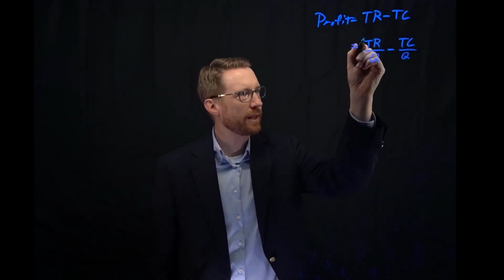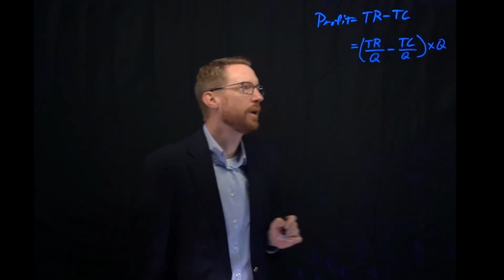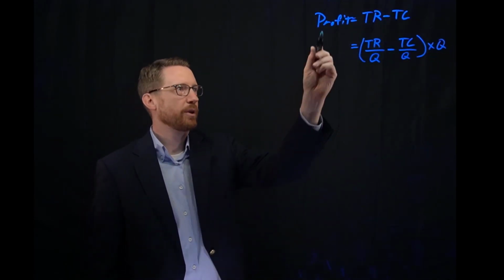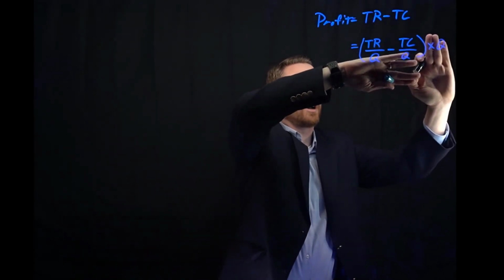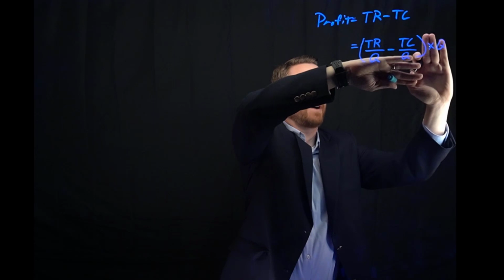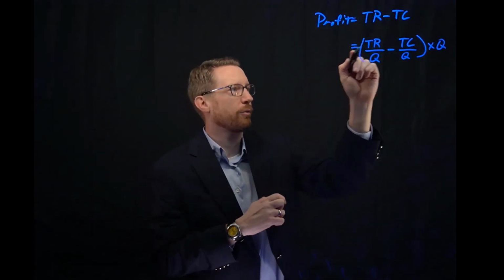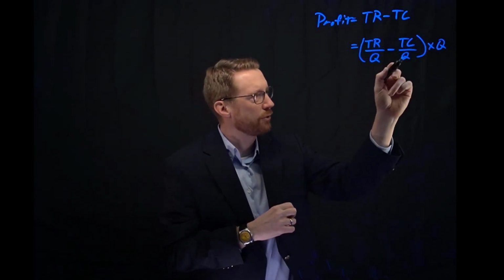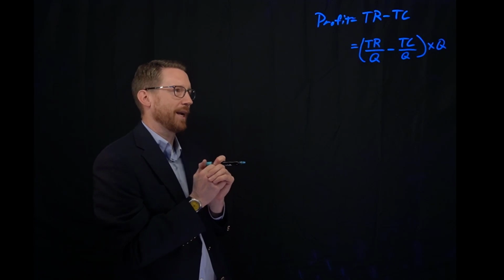If we multiply that by Q, this is still equal to profit, because multiplying cancels out dividing by Q. So we've still got profit equal to total revenue minus cost. If we divide through by Q and multiply through by Q, we're still okay mathematically.